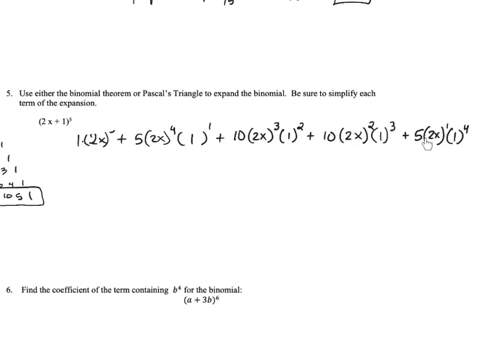Technically you could say that 2x still has to have an exponent, but what would be the exponent of 2x now? 0. And anything with an exponent of 0 is 1. So 2x to the 0 power is 1, so the 2x really isn't there. It's just this 1 here that has an exponent of 5. So it's 1 to the fifth power, which is your last term.